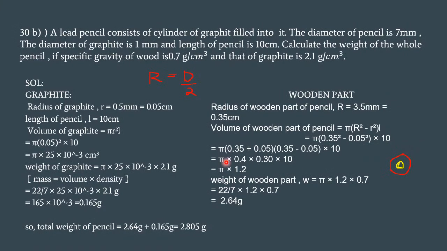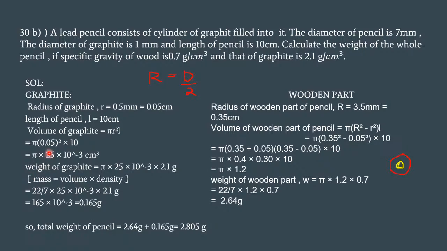So pi into 0.35 whole square minus 0.05 whole square into 10. This is a square minus b square, which is a minus b into a plus b. So pi into 0.4 into 0.30 into 10. You will get pi into 1.2 centimeter cube.